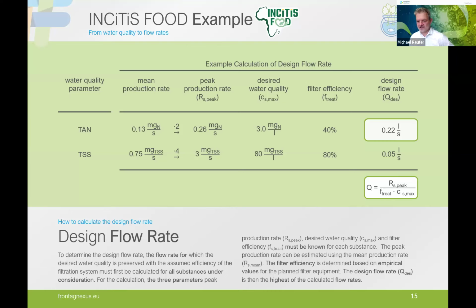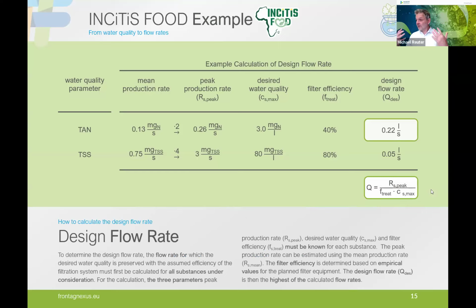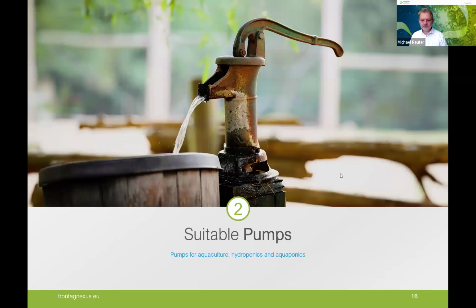So in our case, we have to have a flow rate of 0.22 liters per second, or about 13 liters per minute in our system. So this flow rate has to be delivered by our pump and also every other flow that is needed by our system. We keep that in mind and come now to the discussion of different pumps.